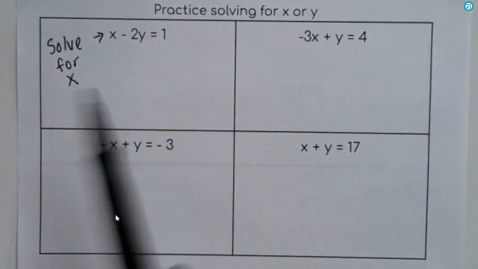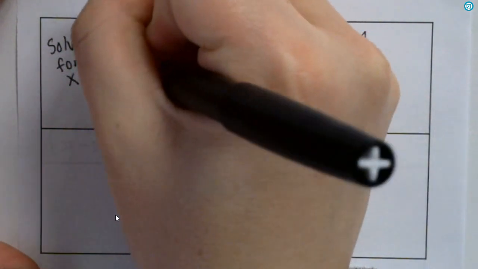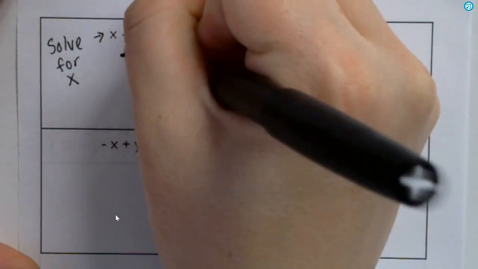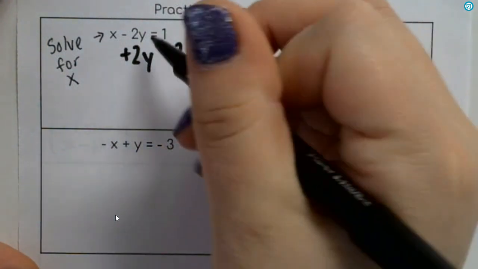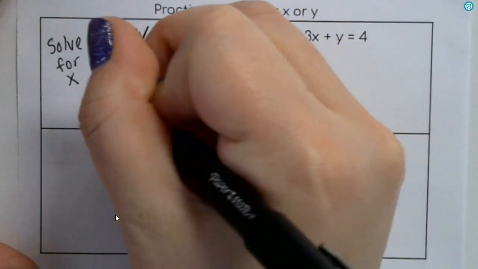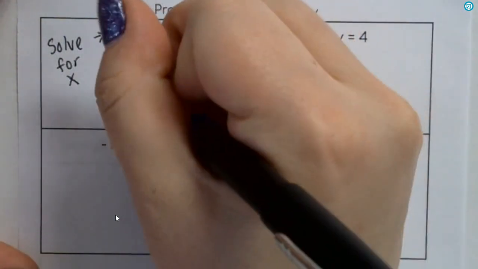To solve for x, I need to get rid of the -2y. How I get rid of the -2y is by adding 2y to both sides. So these two y's cancel, and I've got x equals 1 plus 2y.